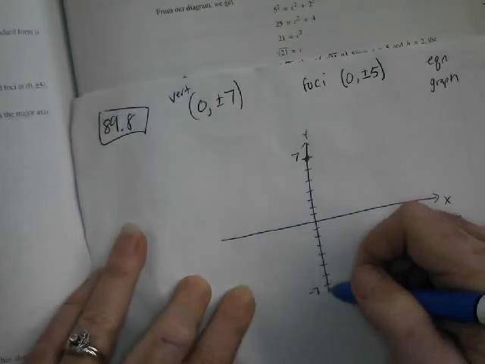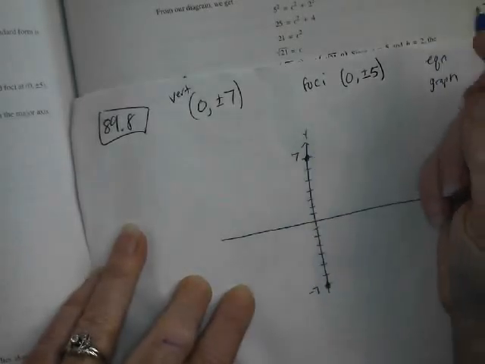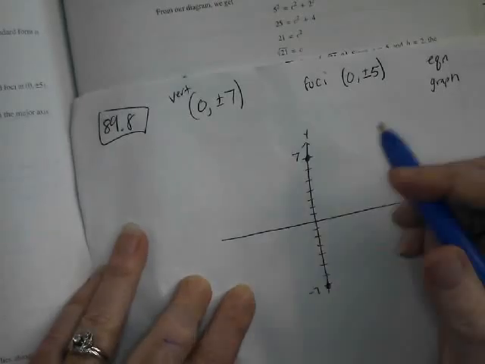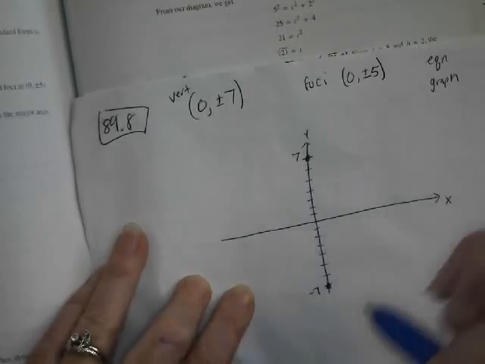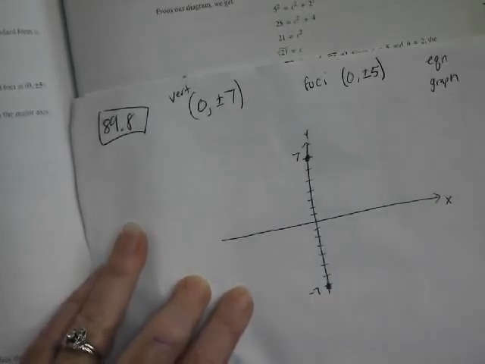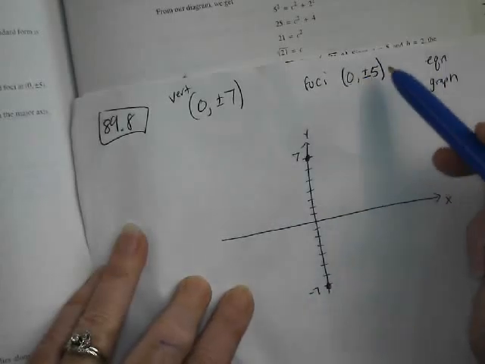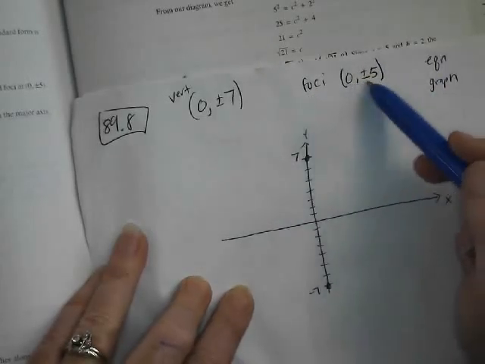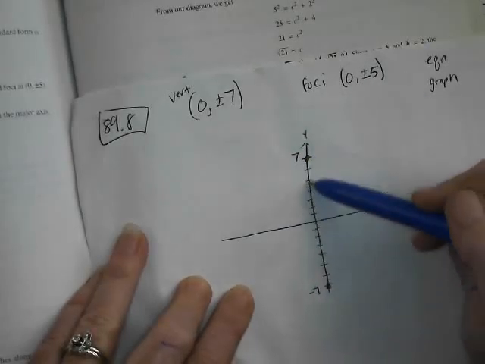The authors of the book are nice about starting you out easily, but you should know that we can do transformations on this, with the x minus h and y minus k and all that business. That can happen with ellipses. You can have a center that's not at the origin, but in this case, it looks like our center is at the origin. Now, the foci are always going to be on the major axis.